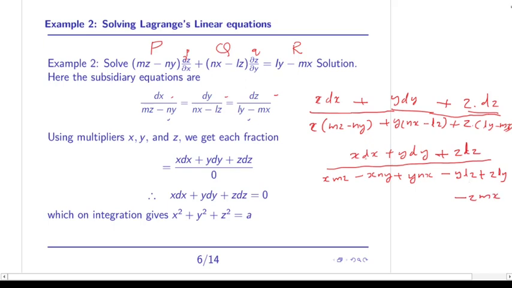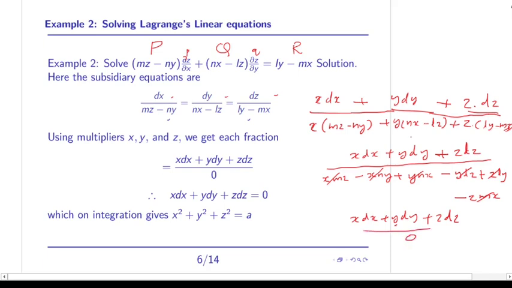You can see that x mz and z mx cancel, l y z and z ly cancel, y nx and x ny cancel. So finally what you get is x dx plus y dy plus z dz divided by 0.